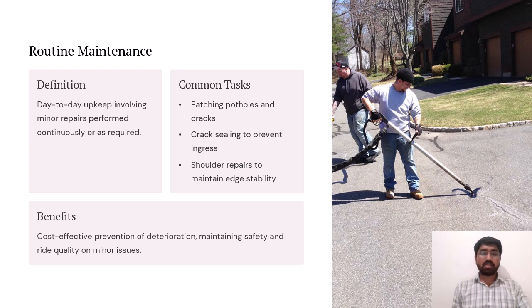Benefits of this maintenance are cost-effective prevention of deterioration, maintaining safety and ride quality. For example, cold mix asphalt for pothole patching after every monsoon, though temporary, ensures safety and traffic flow until proper resurfacing is done.